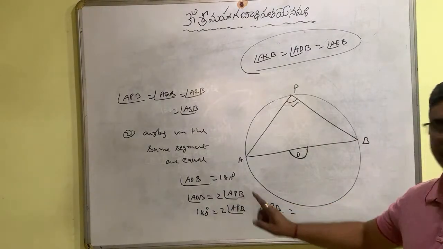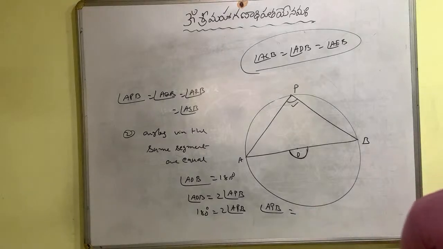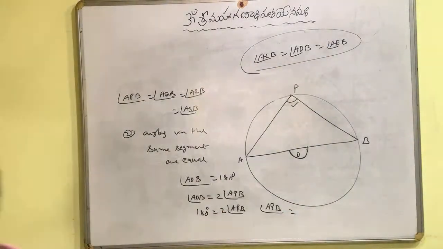AOB is equal to 2 into angle APB. The angle APB is 90 degrees. Very good. Angle APB is 90 degrees. Good.